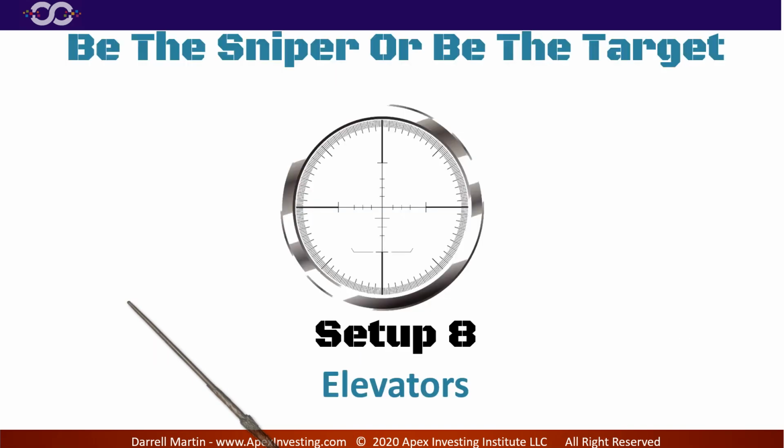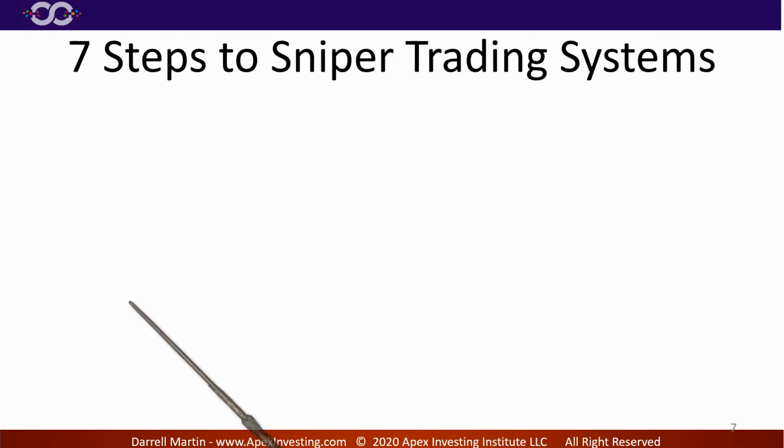Let's talk about setup 8, elevators. On the elevators, we got our 7 steps. We always have 7 steps to sniper trading systems. And hopefully you have these memorized by now.